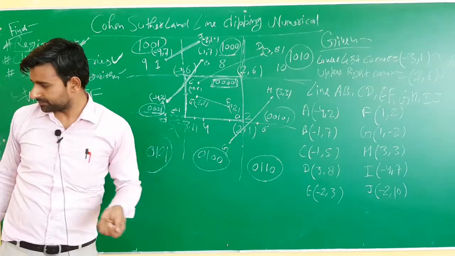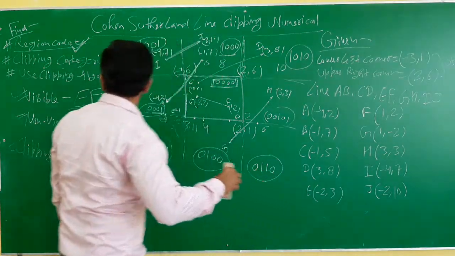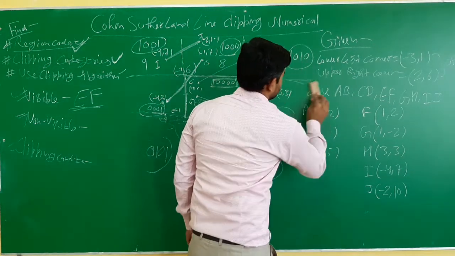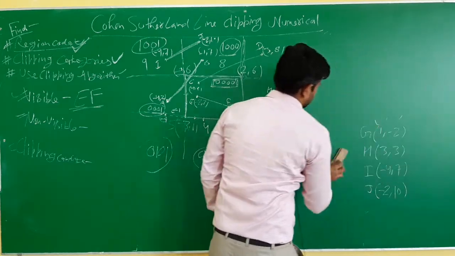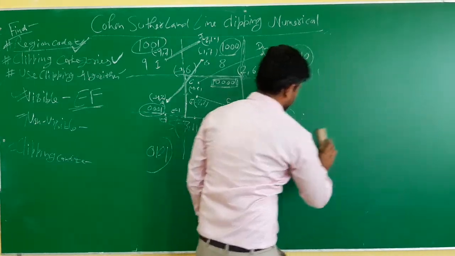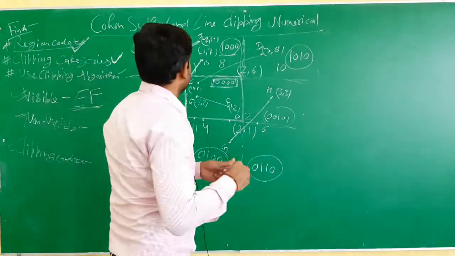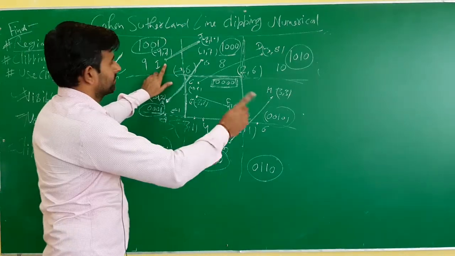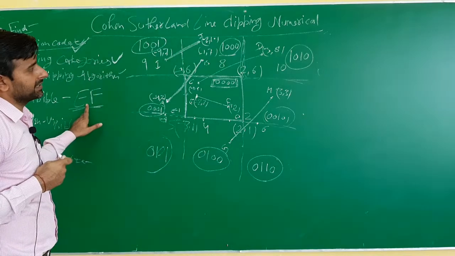I am rubbing this section, this section also. Let's see here, for line IJ, EF is clear, it's visible category.